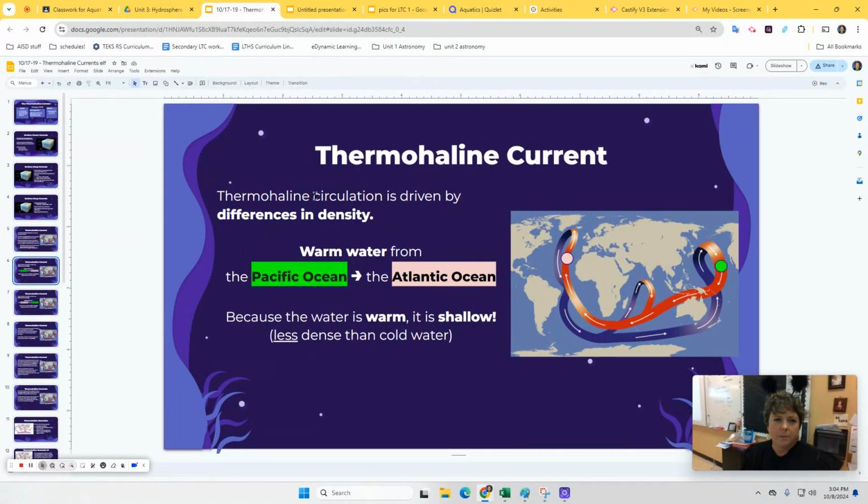All right, so thermohaline circulation is driven by the differences in density. In the Pacific Ocean, over here, we have warm water, and it comes over to the Atlantic. It's warm, so it's shallow, it's not deep, because it's less dense, and it sits on top of that cold water.